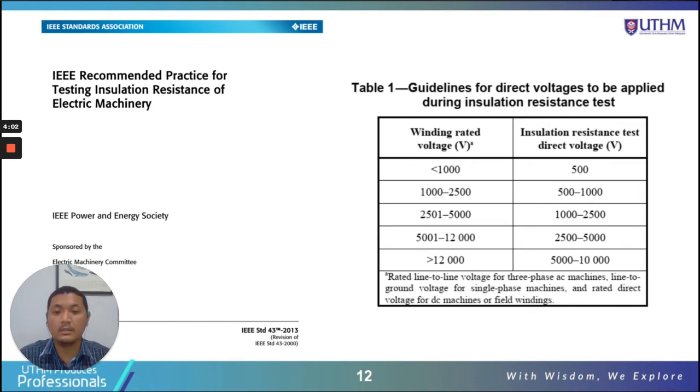This is good enough to get accurate results. All the standards come from investigation, from research, from experience. So the committee has gathered and discussed what is the suitable voltage level to test on this machine.